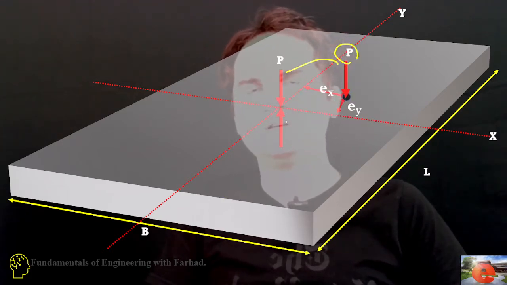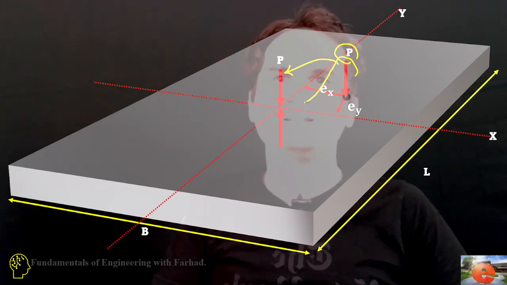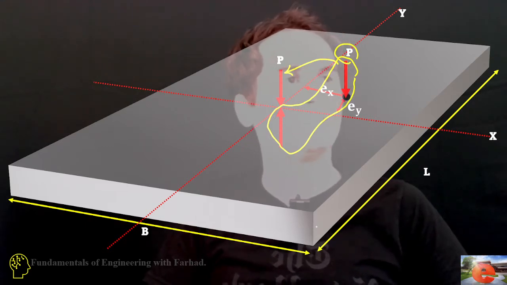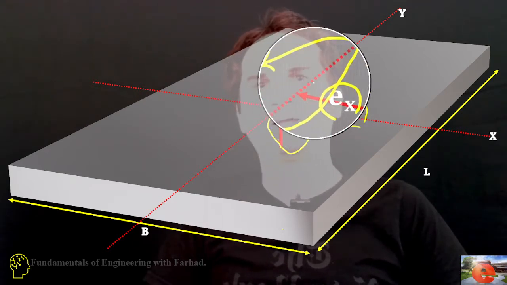As soon as we transfer the force over here, as you can see, these two forces create a bending moment about both axes, because we have an eccentricity based off both of these x and y axes.